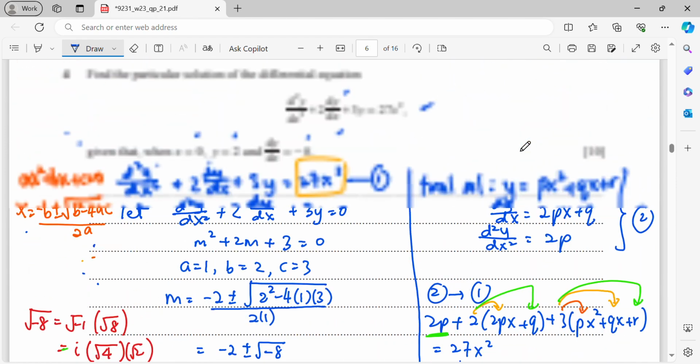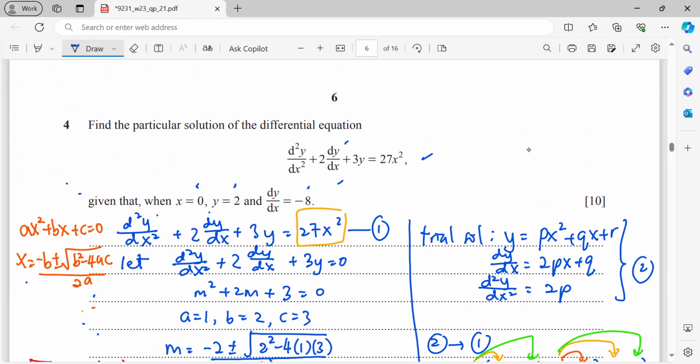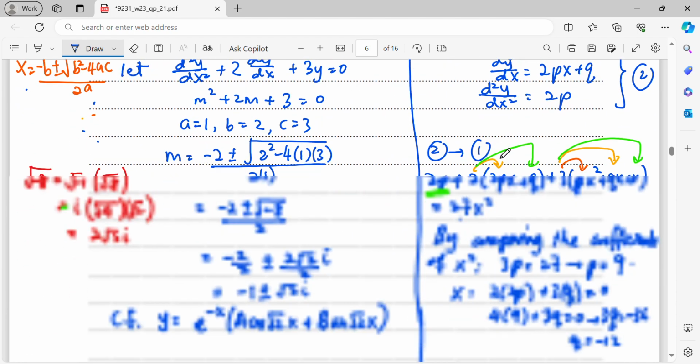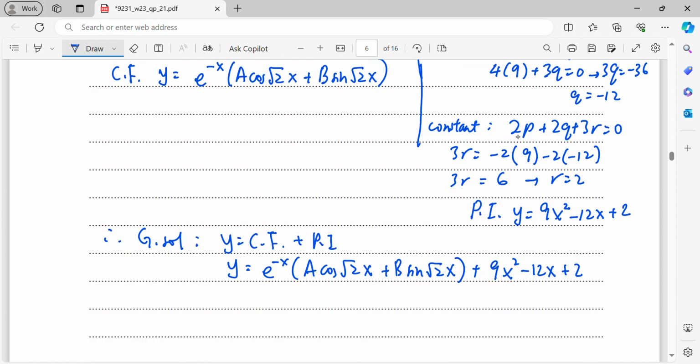Now when you look at the question here, you are given x and y values. So x is 0, y is 2. That is for you to get the first equation, because all these additional values are for you to get the a and b. So now I will just replace: 2 equals e to the 0, a cos 0 plus b sine 0, plus 0, 0 and plus 2.